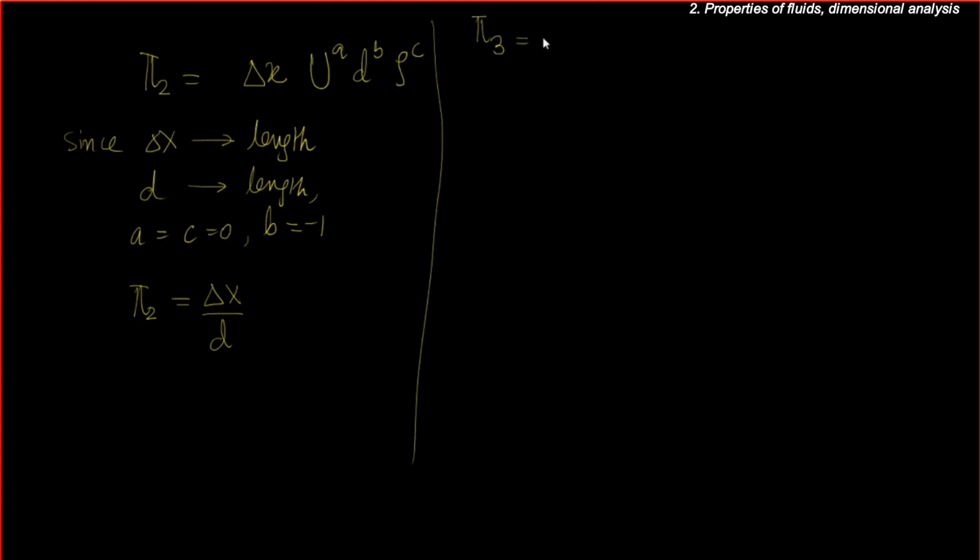So apart from the basis vectors, the next term that we consider is the length of the tube, which is delta x. So we have delta x multiplied by u raised to a, d raised to b, and rho raised to c.